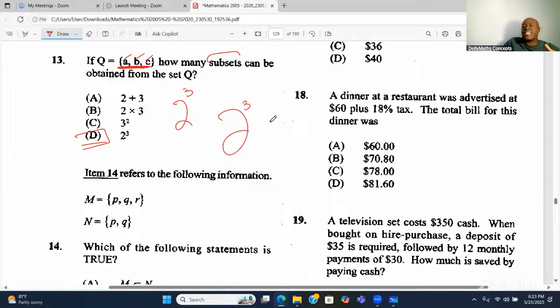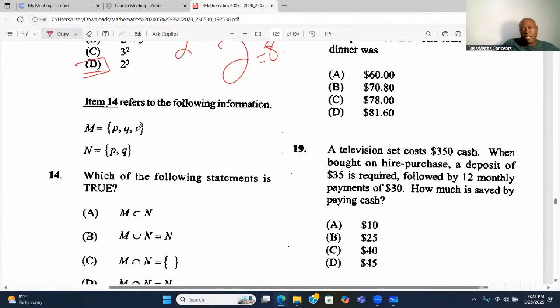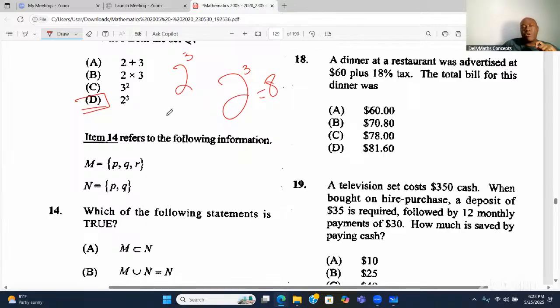I could get 8 sets from this. That's what it is saying. If I have a set with 4 elements in it, 2 raised to the 4. If I have a set with 5 elements in it, 2 raised to the 5th. It's telling you how many little other subsets you can create out of that monster. All right. So this is something that you want to memorize.